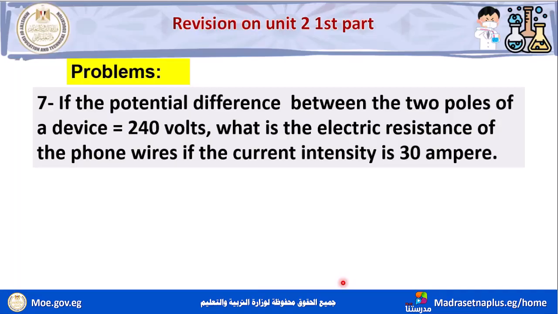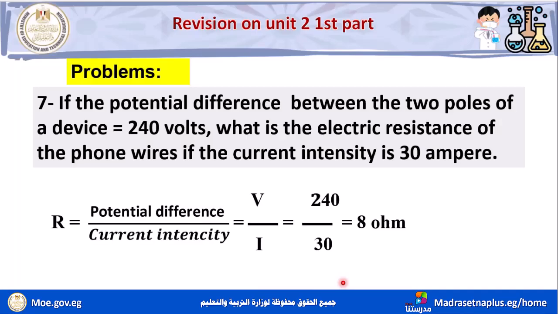Problem number 7. If the potential difference between the two poles of a device equals 240 volts, what is the electric resistance of the wires if the current intensity is 30 ampere?